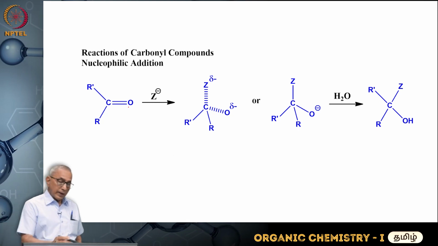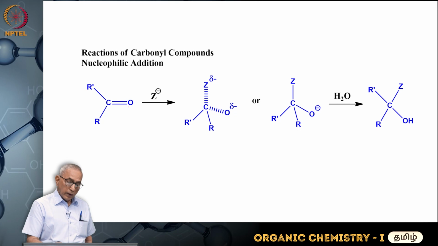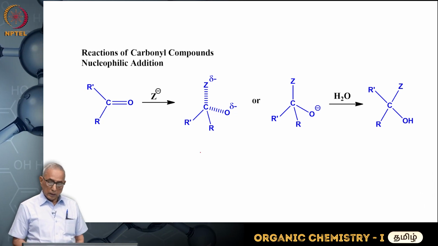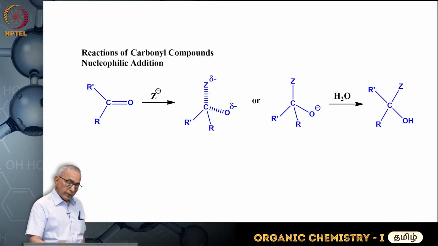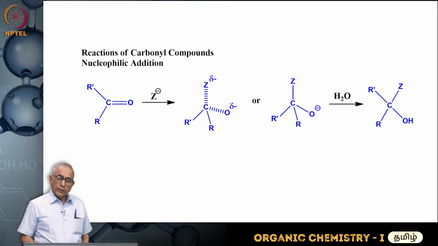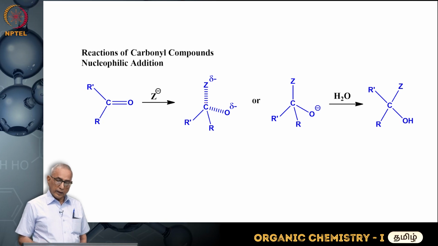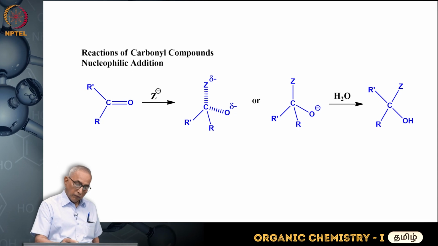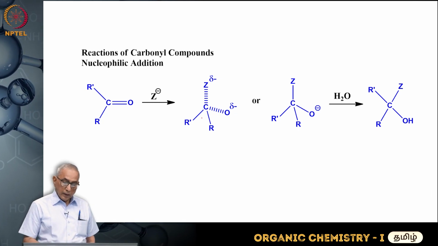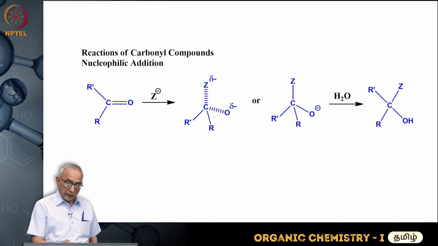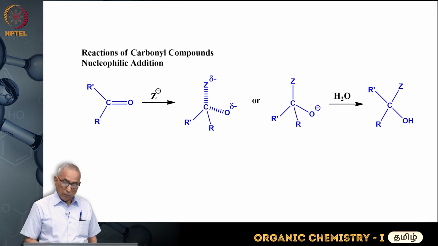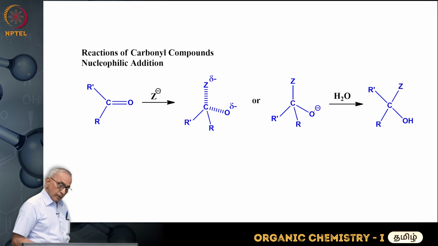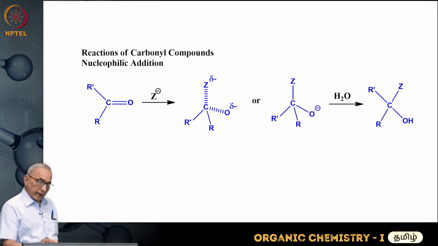Once the Z minus attacks, you get a partial tetrahedral structure. Like a tetrahedral carbon, the 2 R groups and O, Z are all very close to getting a tetrahedral structure. After some time, the Z will form a full bond. So, C-Z, and this O-C will also form a full bond. This will become fully negative. So this now is fully tetrahedral.